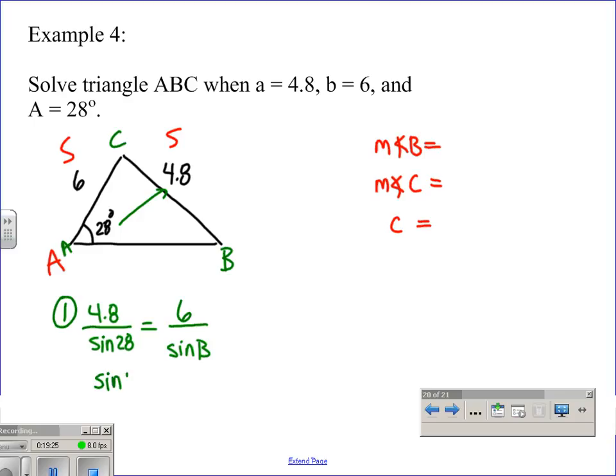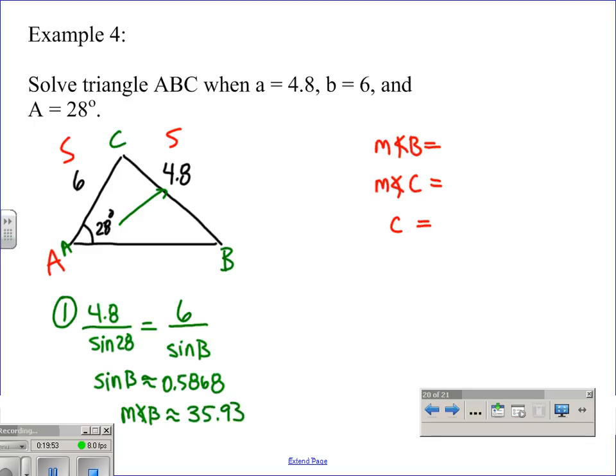I end up with the sine of B being approximately 0.5868, and I'm taking it out to the fourth decimal place since I still need to take the problem further. So I've got the sine of B, meaning that the measure of angle B is approximately 35.93.